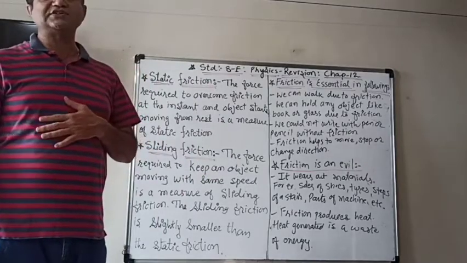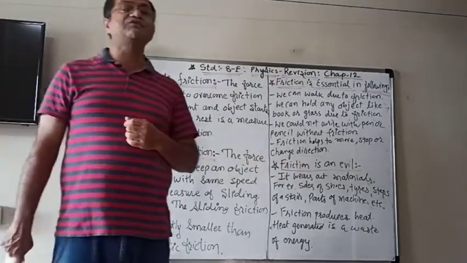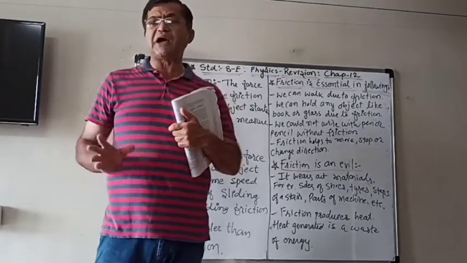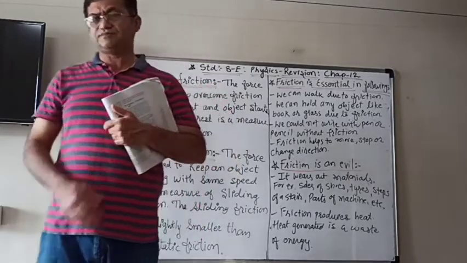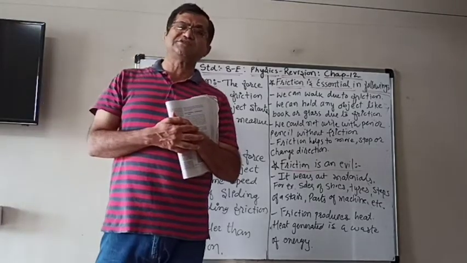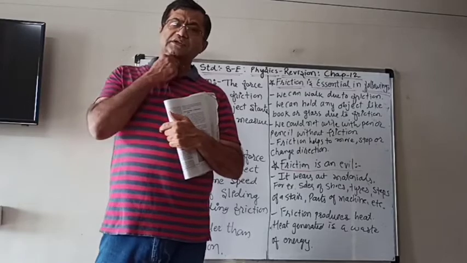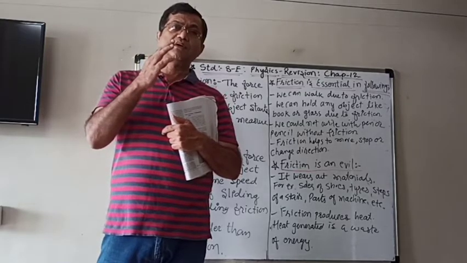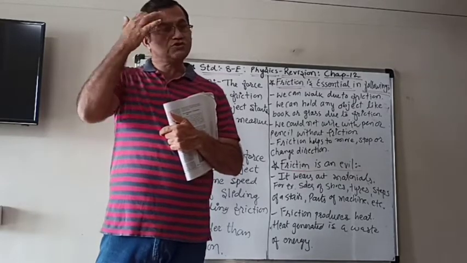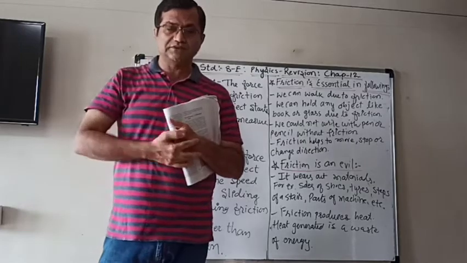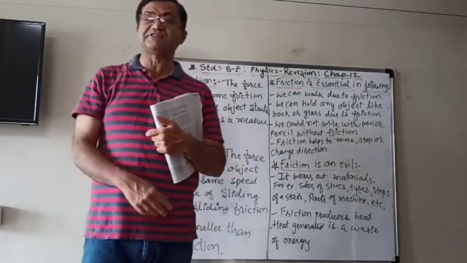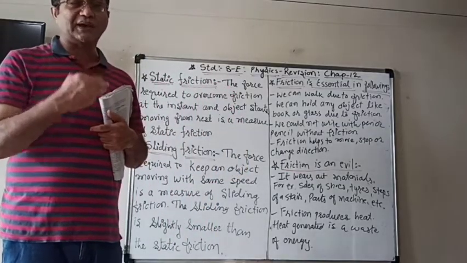Then the other friction is sliding friction. Sliding friction means once you start moving an object, for example, think about the situation: there is a heavy object on the floor and you're trying to move it. You have to apply a force which can overcome that friction, as I told you.